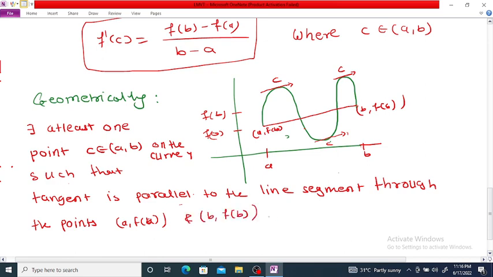So this is the geometrical interpretation: there exists at least one point c on the curve y such that the tangent is parallel to the line segment through the points a, f of a and b, f of b.